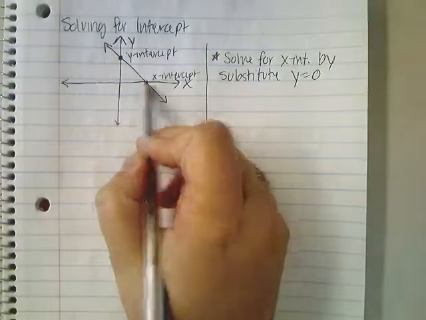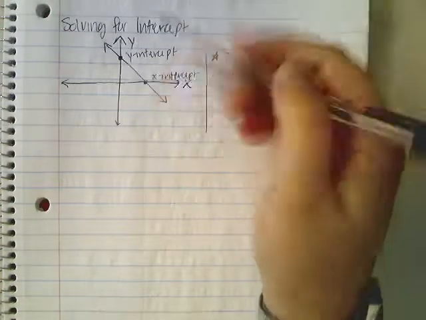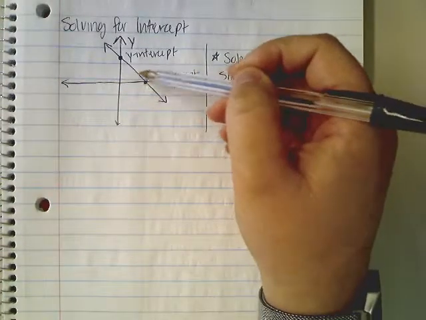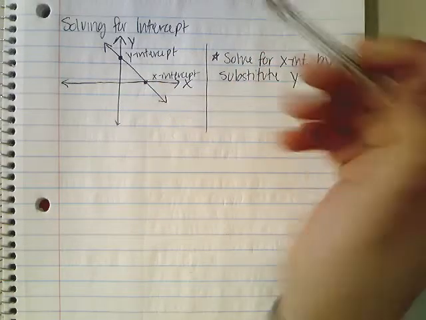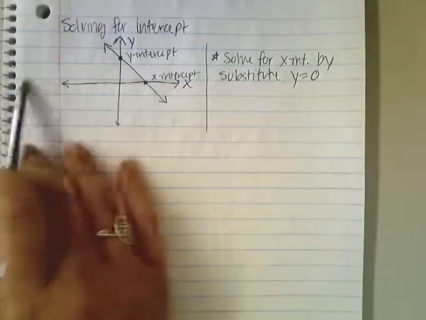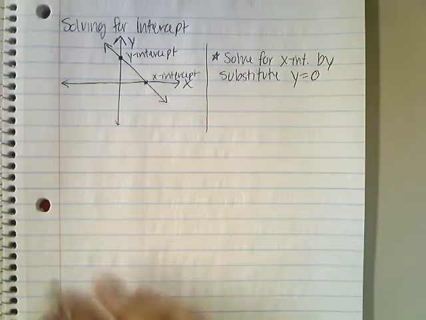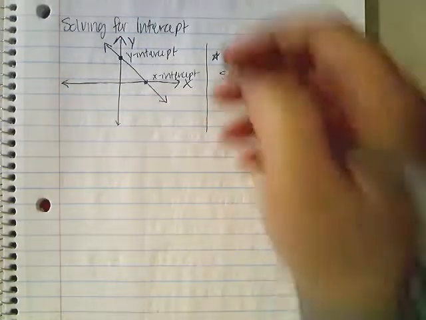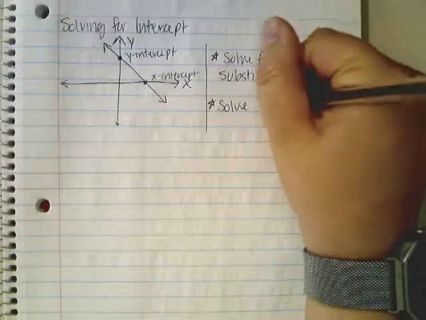If we look here, our x-intercept is on the x-axis. It makes sense that y is 0 because everything above the x-axis in y is positive, everything below the x-axis for y is negative. So anywhere along the x-axis, y is going to be 0. That will always be true. And similarly, x is always going to be 0 on your y-axis.